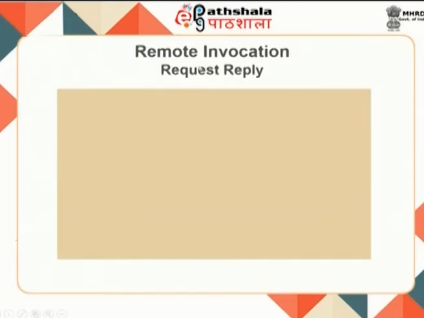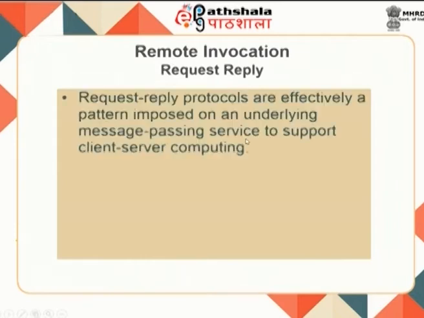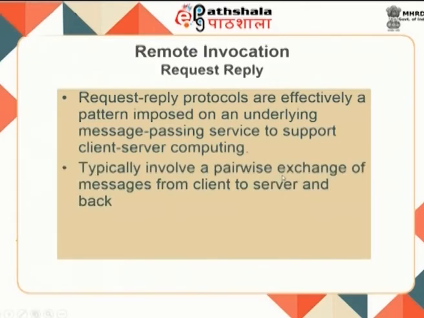The first one is called the request reply protocol. Request reply is the simplest and essential mechanism of message passing. Typically, it is a pairwise exchange of messages. When a client sends a request, a server responds to that request, and this pair of a request and a reply is the basis on which the request reply protocol is formed.